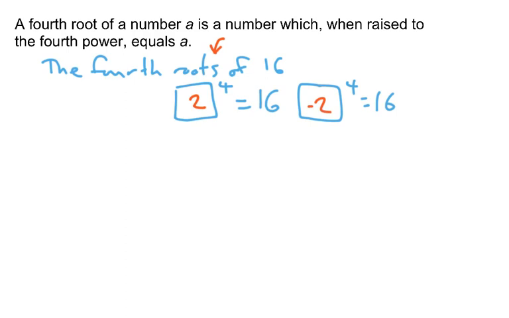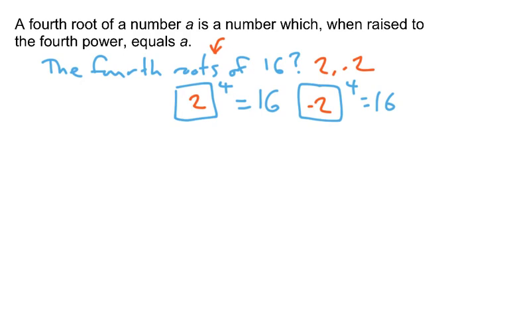Negative 2 4 times would give me positive as well. So each number has only one cube root, but 16 has 2 fourth roots, and I really have to list them both. The fourth roots are 2 and negative 2. Okay, that's kind of interesting. In that regard, they act a bit like square roots, don't they?